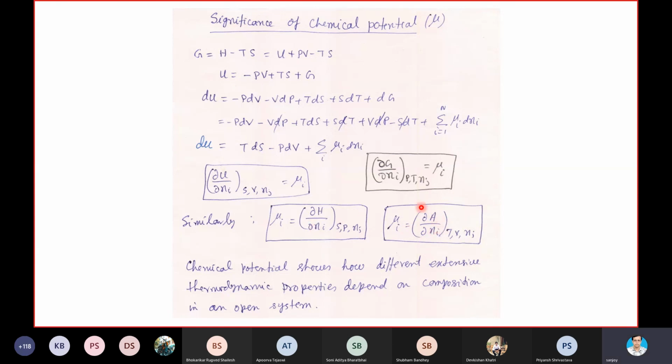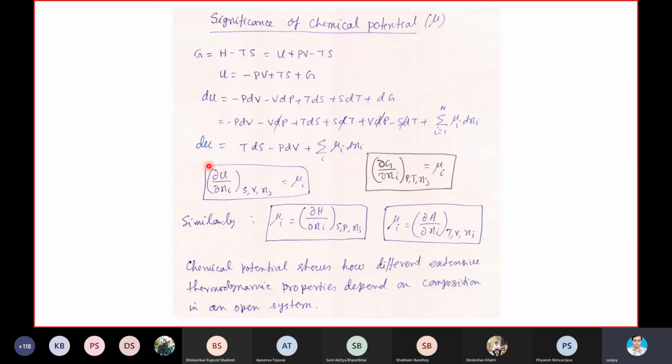This was for enthalpy, this is with Helmholtz energy. Again, you see the conditions are different: temperature, volume, and then composition. So what you should remember is that this is not the only way. You can write chemical potential as the effect of composition on any extensive property of the system, provided you maintain the right conditions.